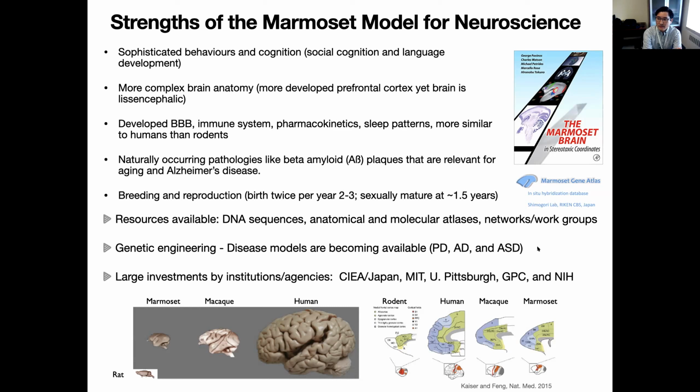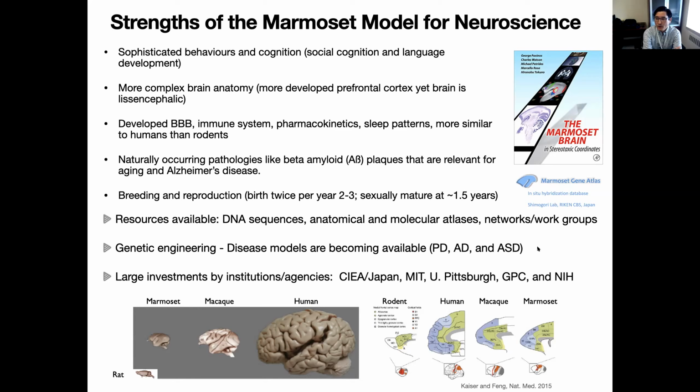CIA in Japan is doing an amazing job of investing resources into this as part of their Brain/MINDS initiative. A large part of this is Erika Sasaki's work at the Central Institute for Experimental Animals, where they're leading a major effort to create genetic models of disease using the marmoset model.